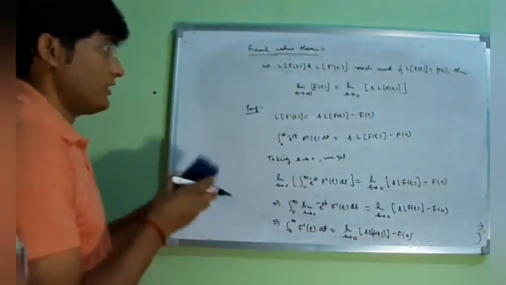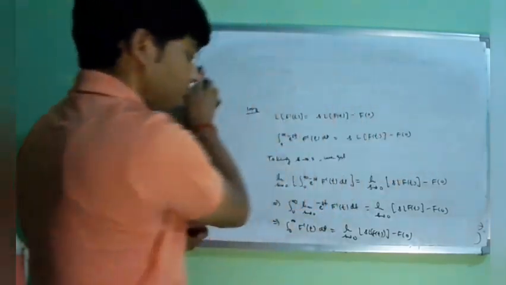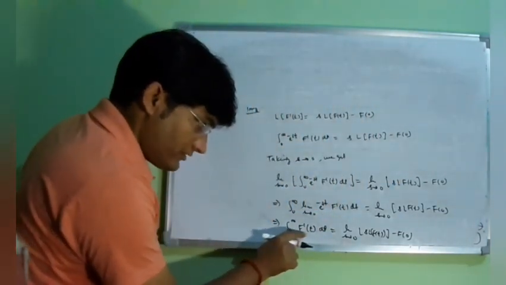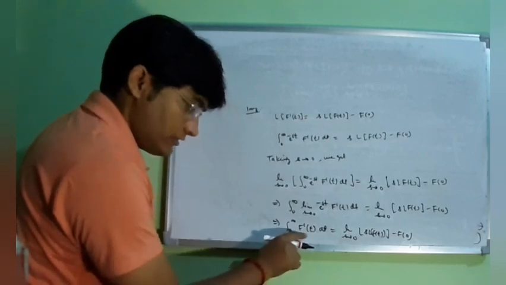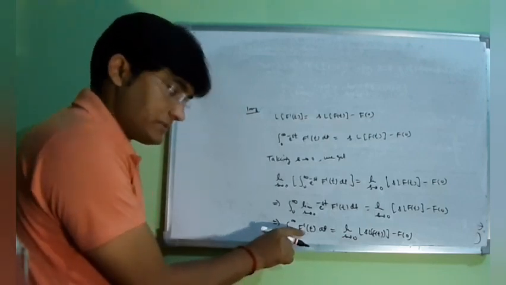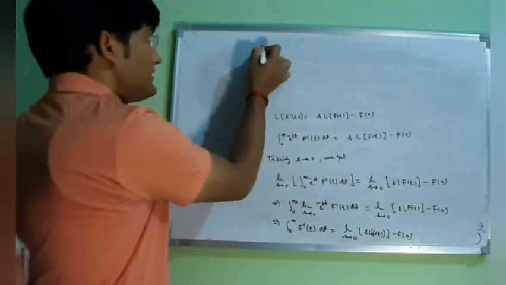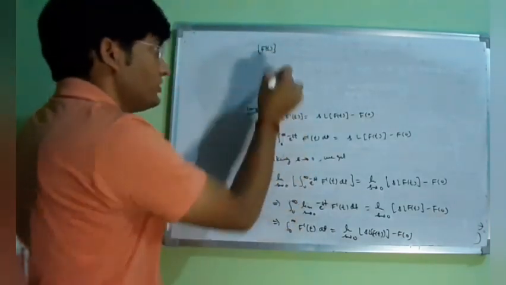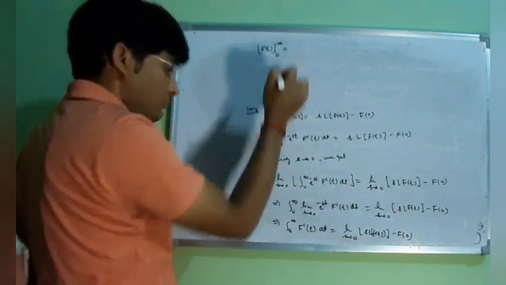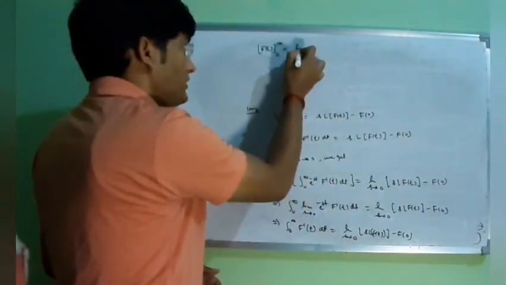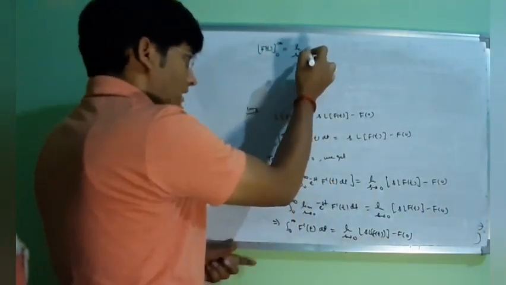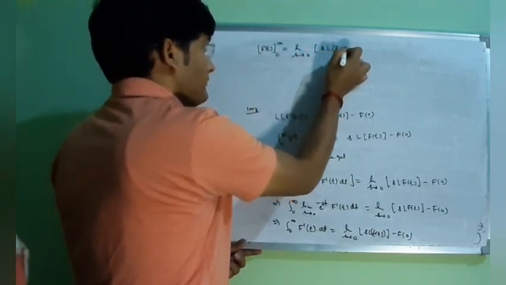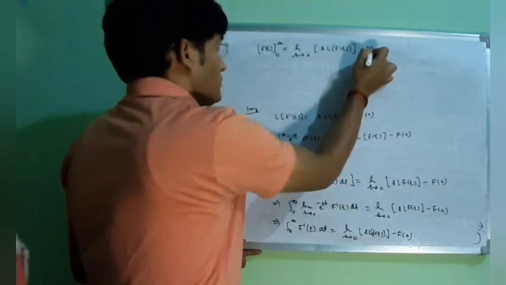So from here, now try to integrate this term. Here we have the derivative sign, so after integration we will simply have f(t) and the limits are from 0 to infinity. Please remember that we are integrating with respect to t, and in the right hand side we have s Laplace f(t) minus f(0).